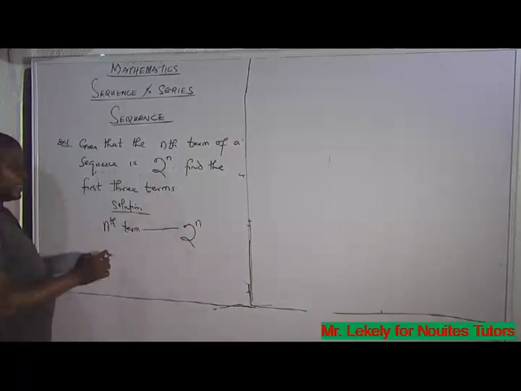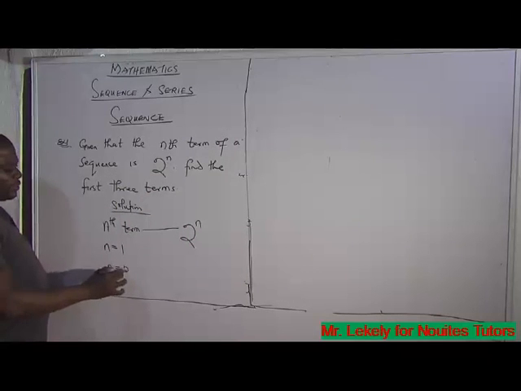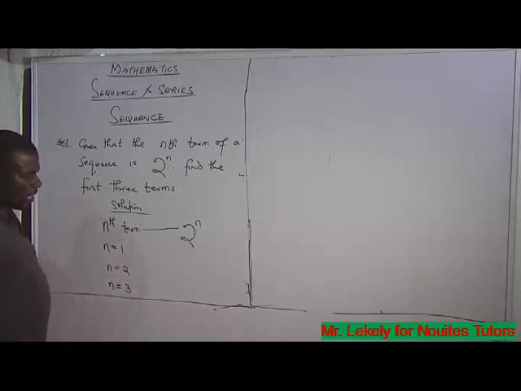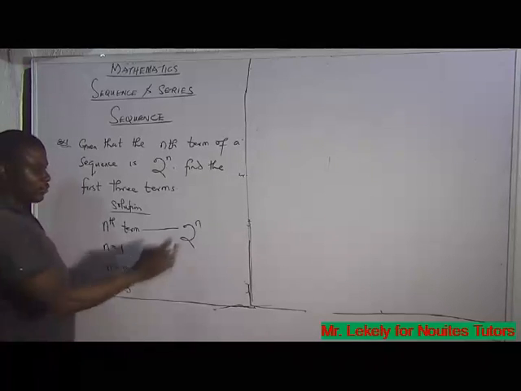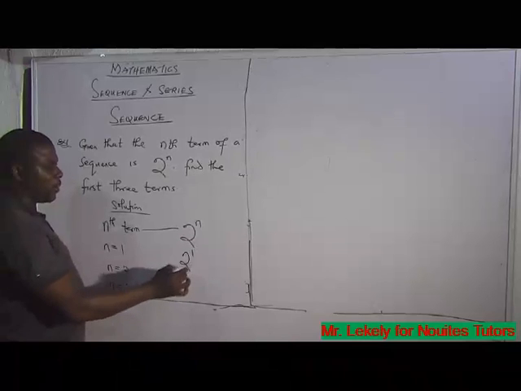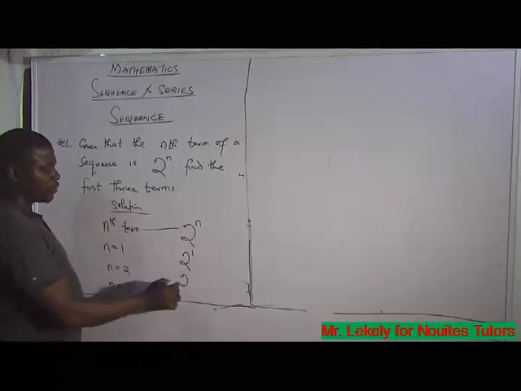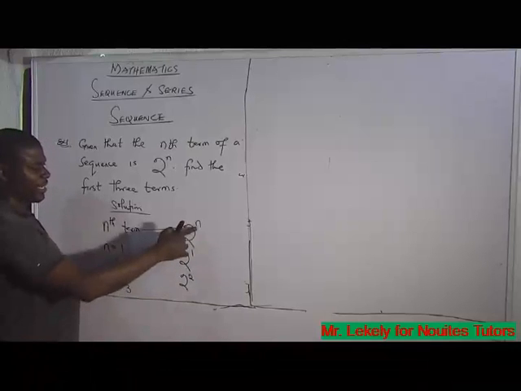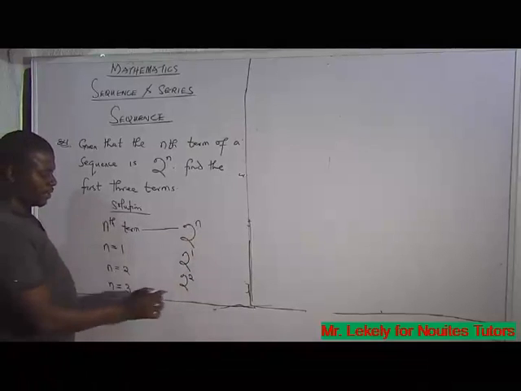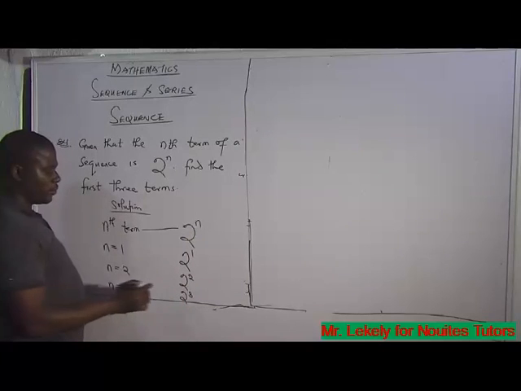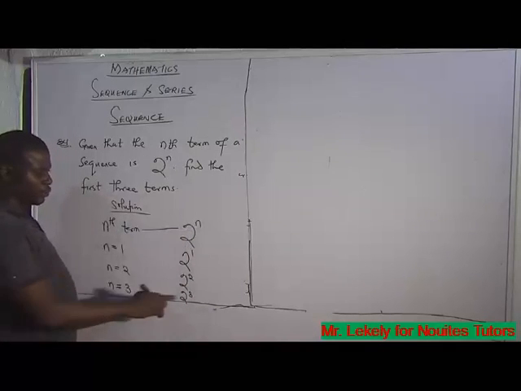So now that they ask us to find the first 3 terms, it means when n is 1, when n is 2, and when n is 3. So I'm going to have 2 raised to the power 1, where I see n, I'll put 1 for this one. 2 raised to the power 2, where I see n, I put 2 for the second one. Then 2 raised to the power 3, where I see n, I put 3 for the third one.